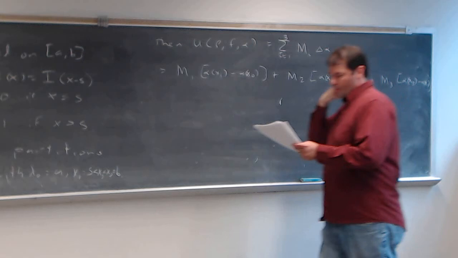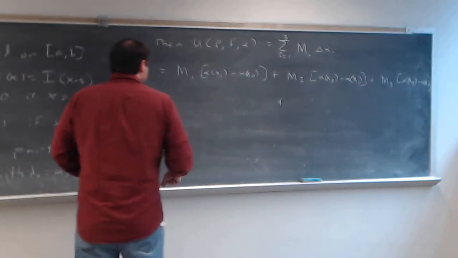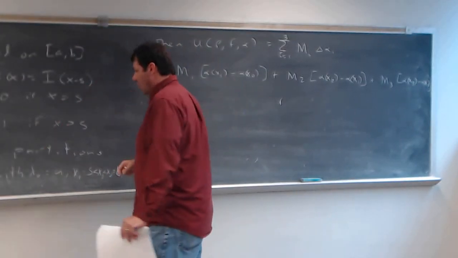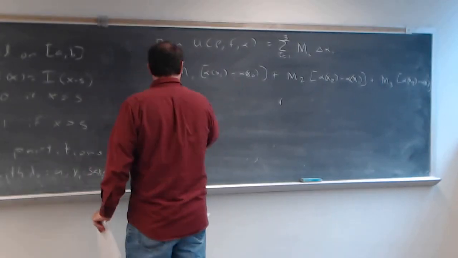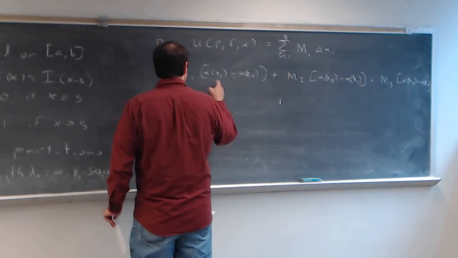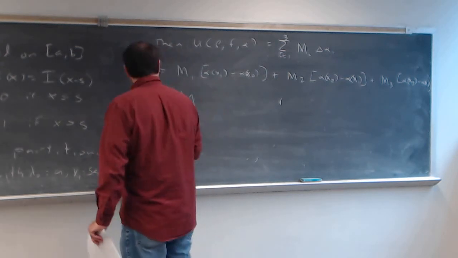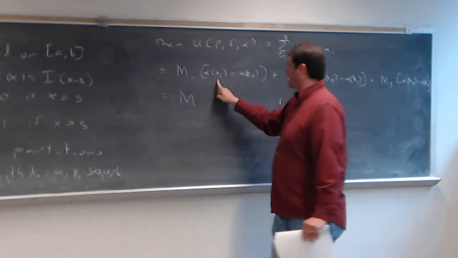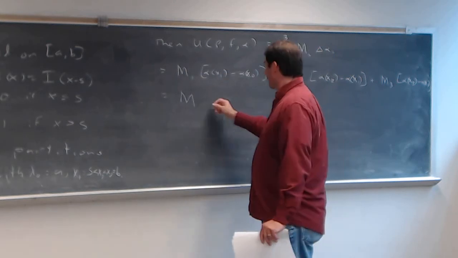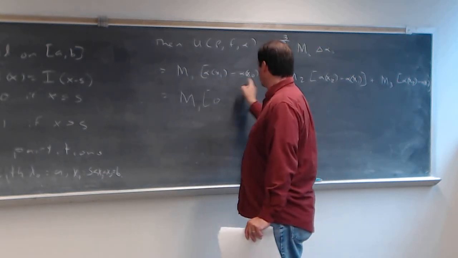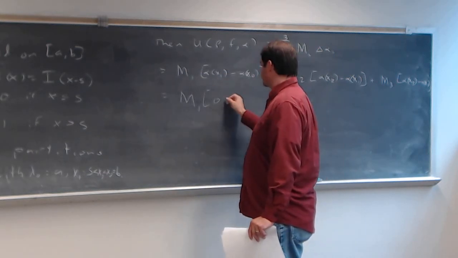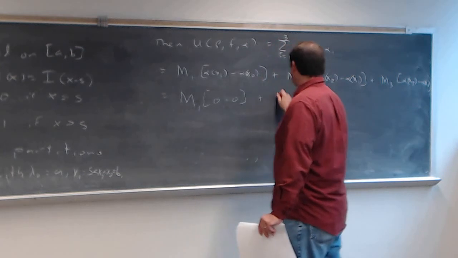Okay, what is alpha of x sub 1? Well, it's 0. And that's because x sub 1 is s, and s is less than or equal to s. So this is M sub 1 times 0. X sub 0 is a, it is definitely less than s, so that's 0. Plus M sub 2.